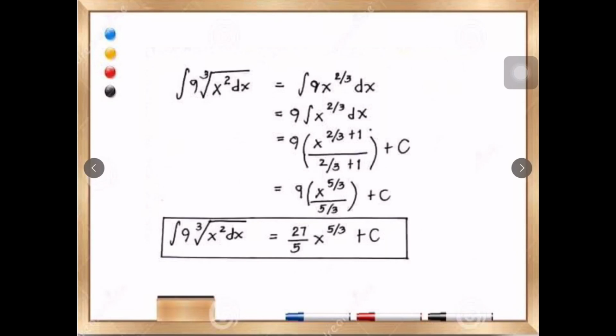In our example, we need to integrate 9 times the cube root of x squared dx. Before we integrate, we know that this is equal to x squared over 3.